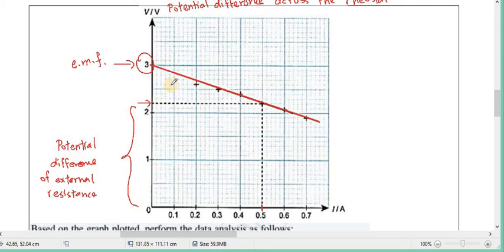So if this is the EMF and this is the potential difference of external resistance, then what is this? This must be the potential difference across the internal resistance.